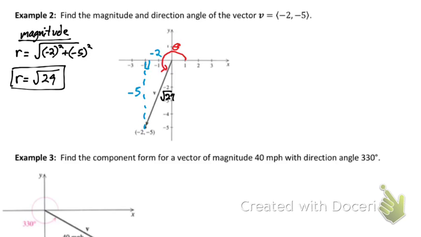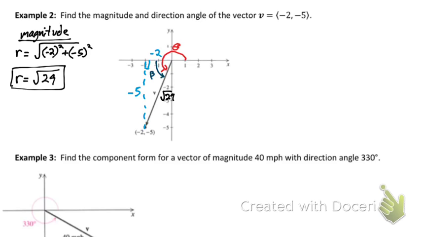I do know that from here to here is 180 degrees. I don't need to solve that. The only thing I really need to figure out is what this little distance here is, and I'm going to call this distance beta. That means theta is 180 plus whatever my beta is.